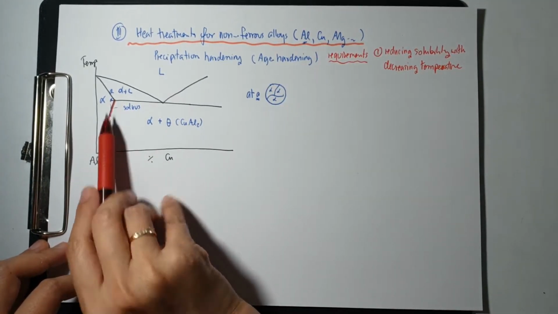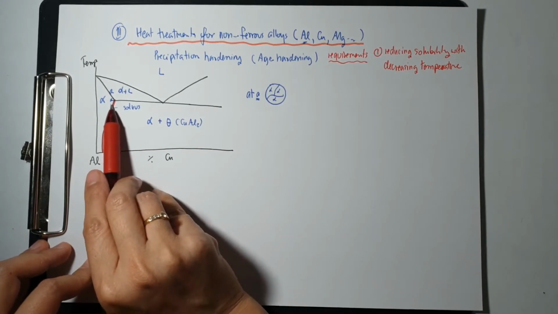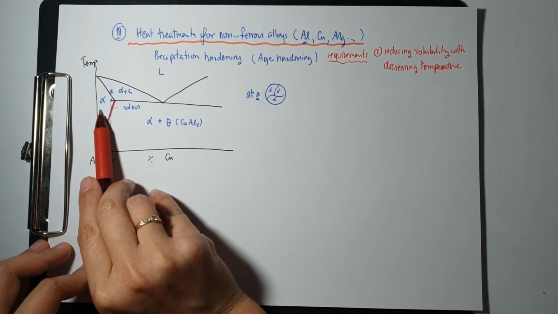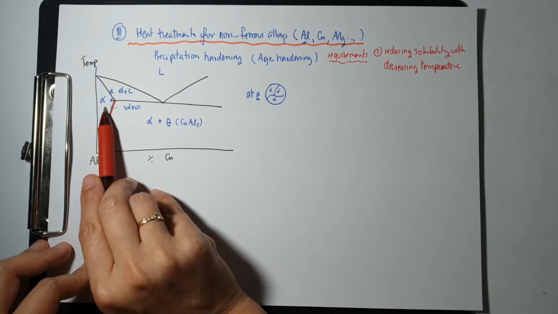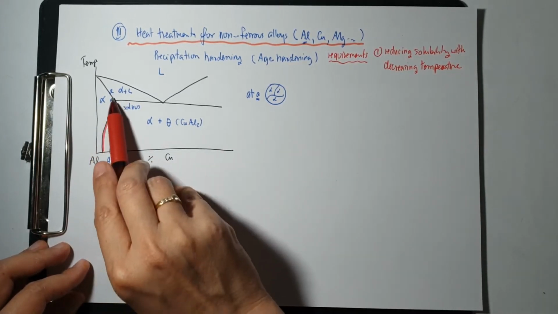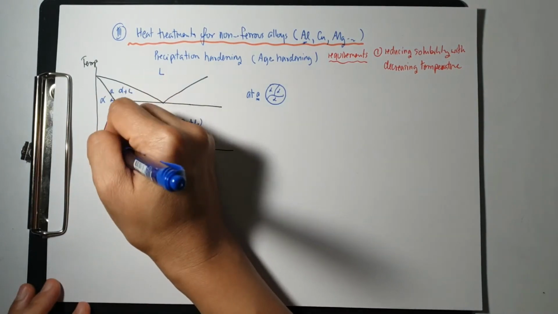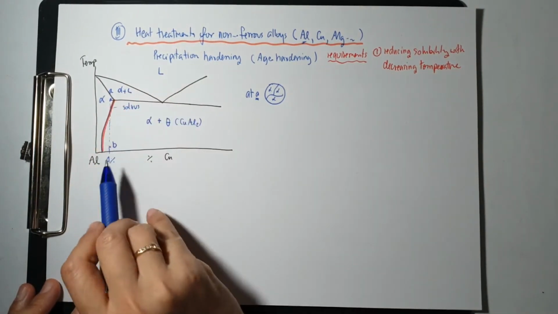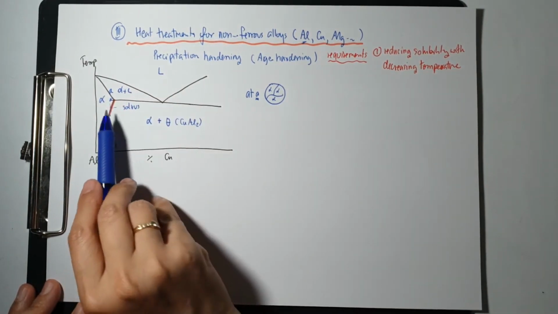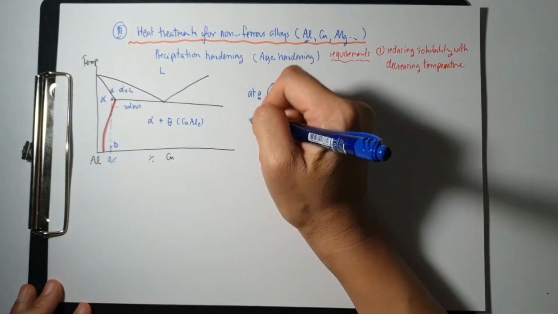When we cross the solvus line into the single phase of alpha solid solution, we arrive at this alpha phase, right? If we cool down, for example, to point B, maybe at room temperature, we're crossing the solvus line, entering the two-phase region.